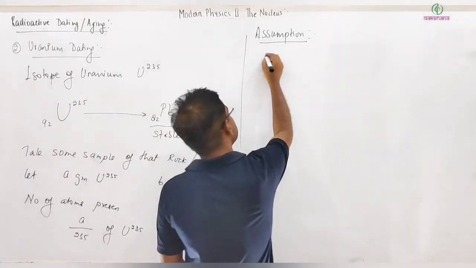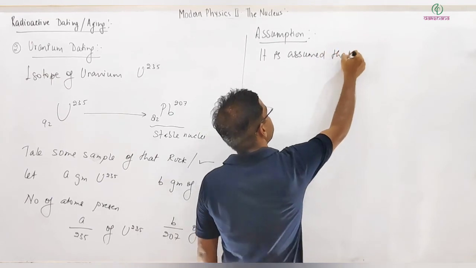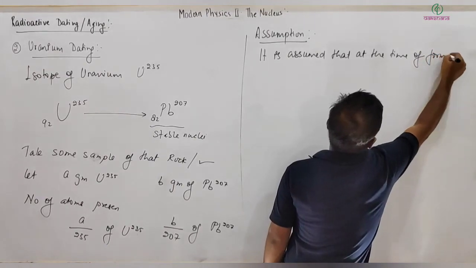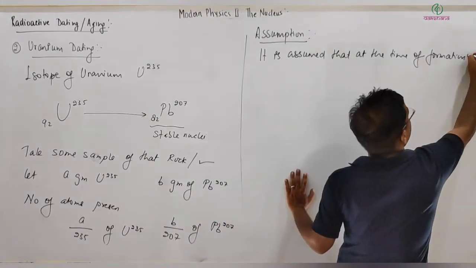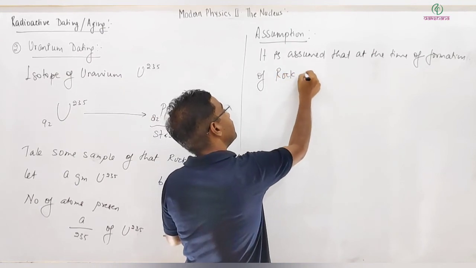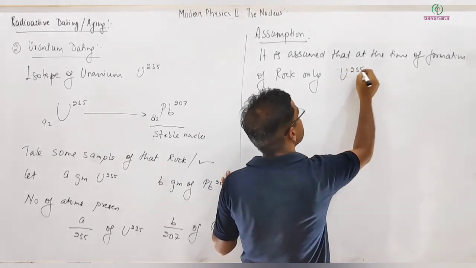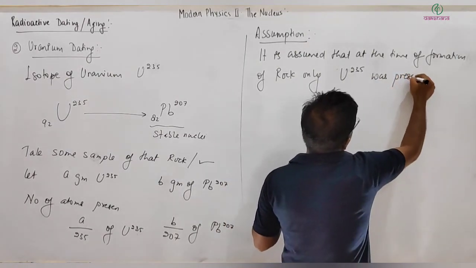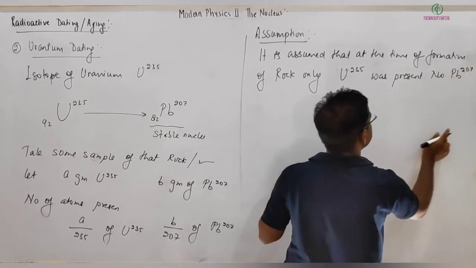So the assumption is that at the time of formation of the rock, only uranium 235 was present, no lead 207 atoms.